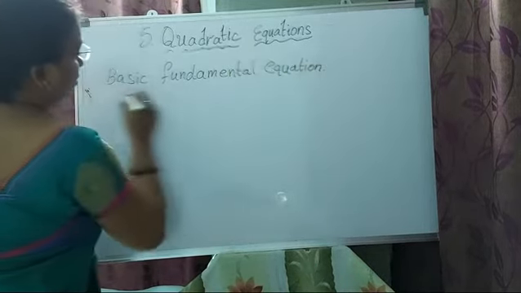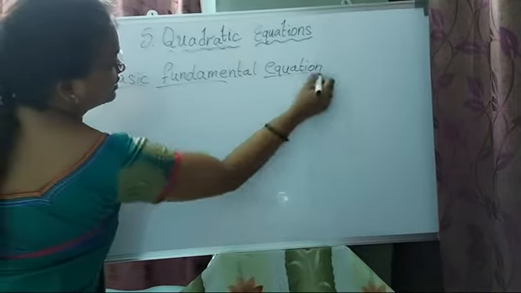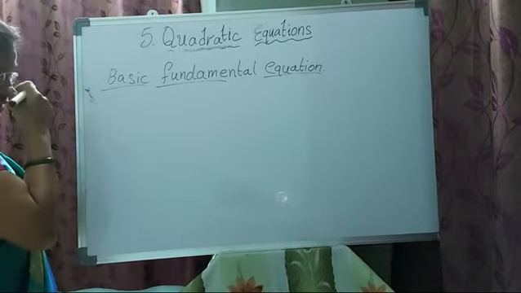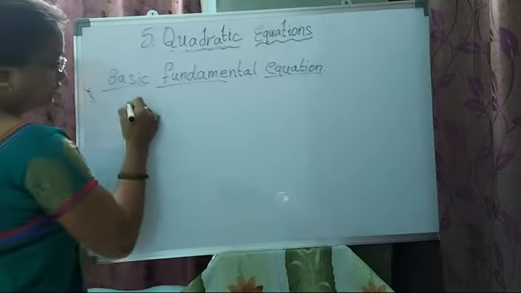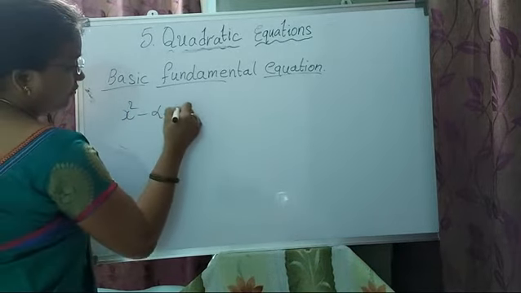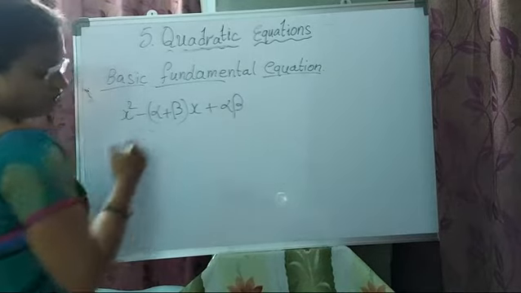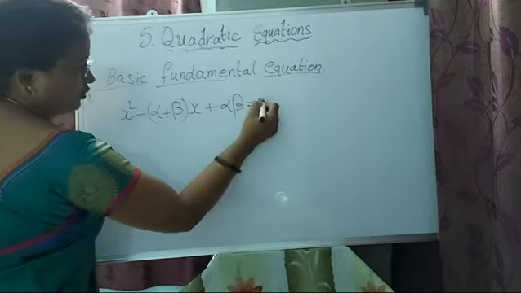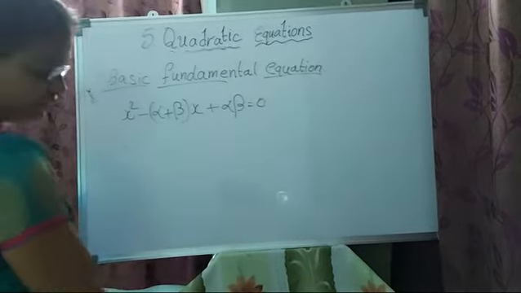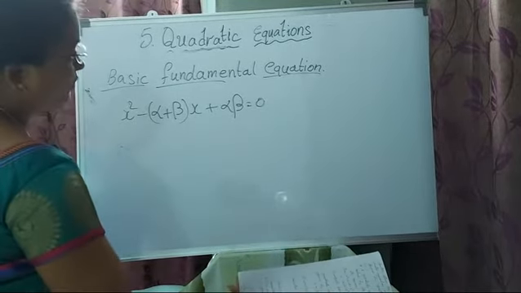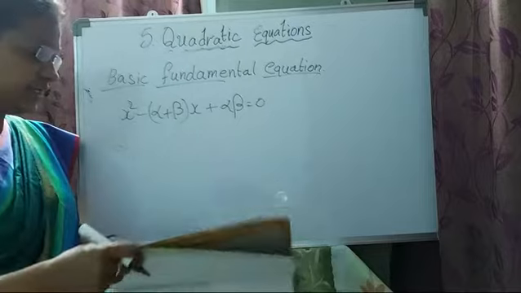If alpha and beta are the factors or zeros of that particular polynomial, then x square minus (alpha plus beta) into x plus alpha beta is equal to 0. This is the fundamental formula for a quadratic equation.